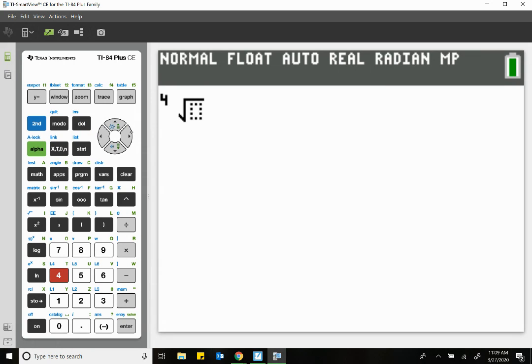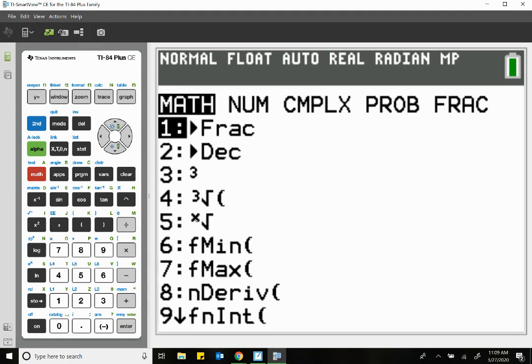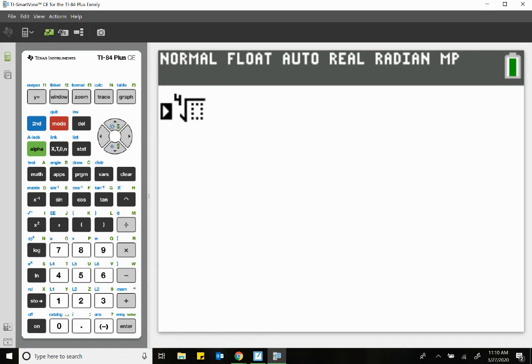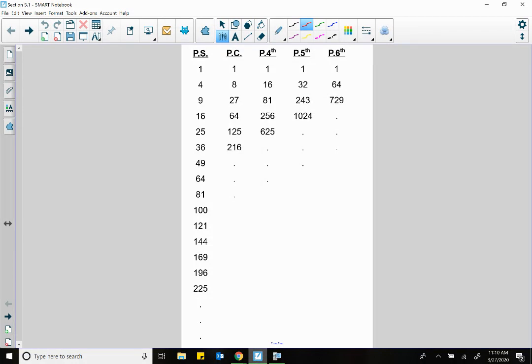Fifth root, you put 5. Sixth root, you put 6. And then in here, you put your number. So that's what that math number 5 is all about. Allows you to do any root that you want. Okay? So I like number 5. And then I also use the second and the x squared on the outside to help me with square roots. Okay? So those are going to be some keys that you use a lot in here.